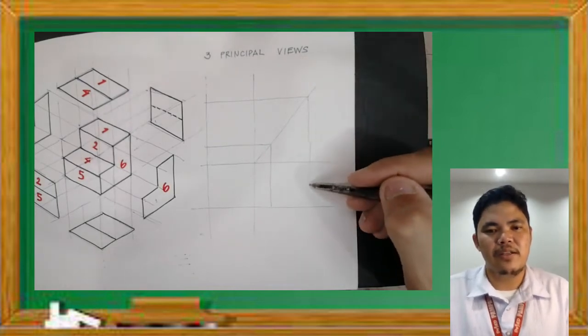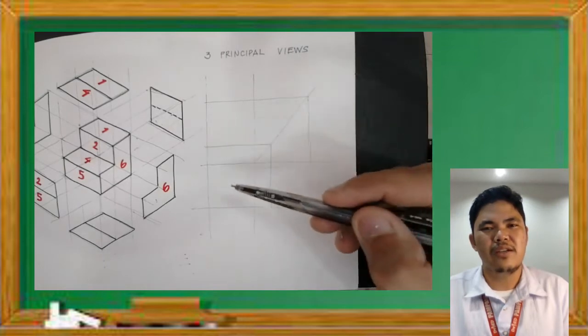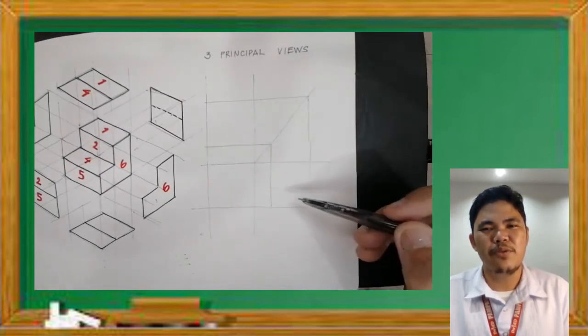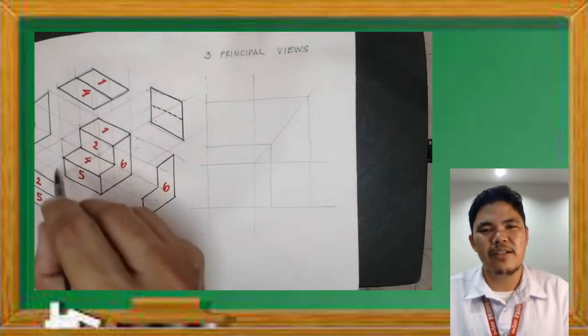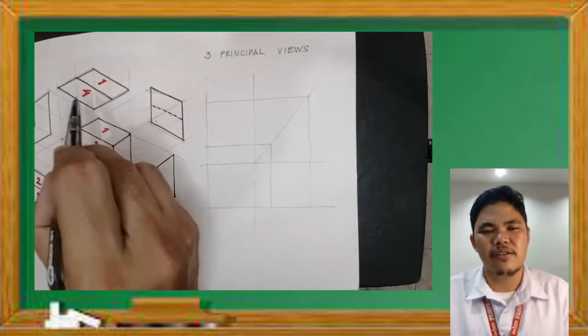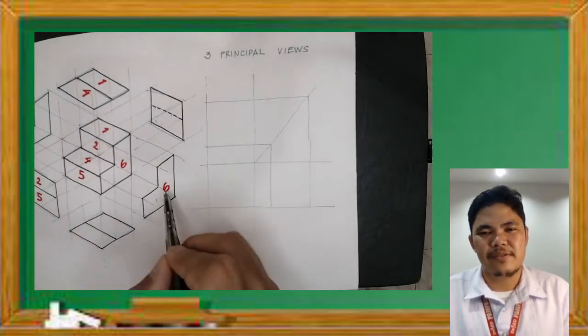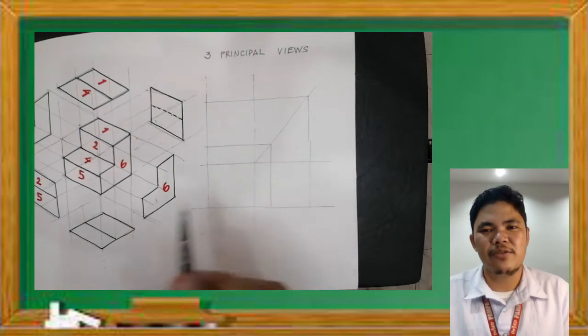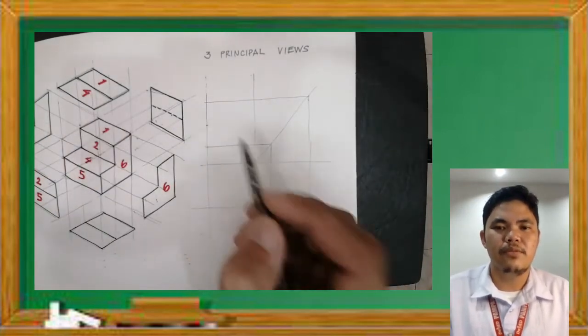The first thing that we are going to solve now is the front view. The top view goes here, the front view there, and the side view will be put here. Let us first mark its measurements.